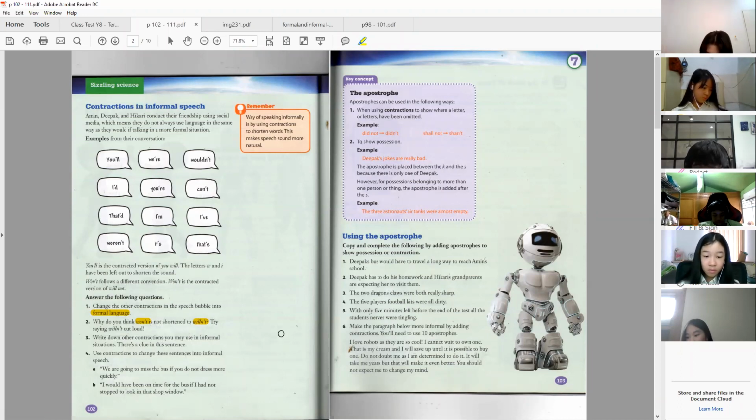For B, let's try Jaslyn. How do you shorten this? Number 4B.